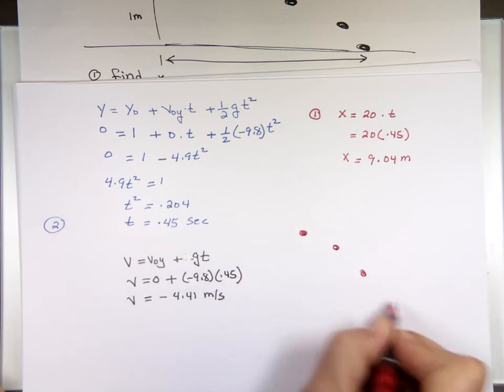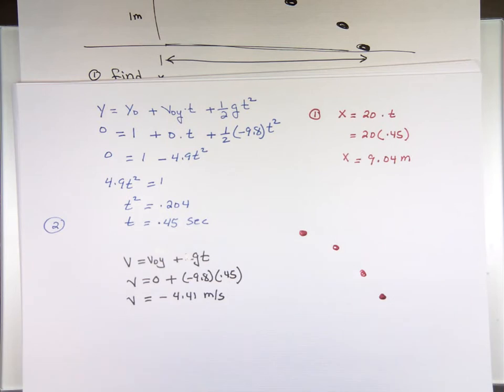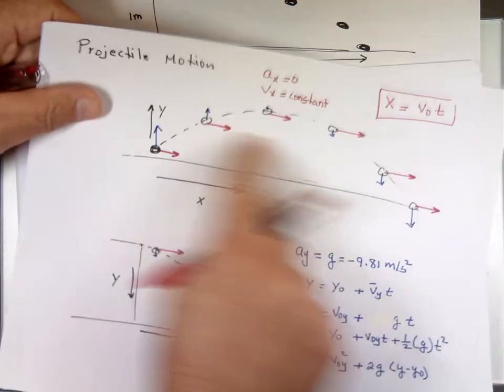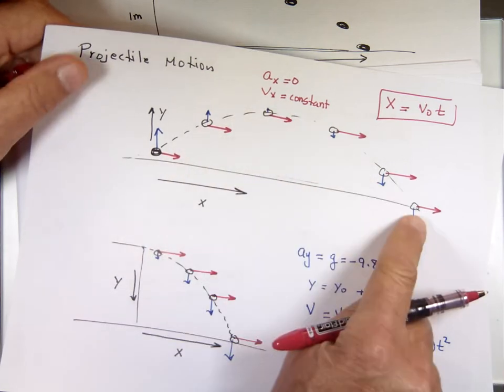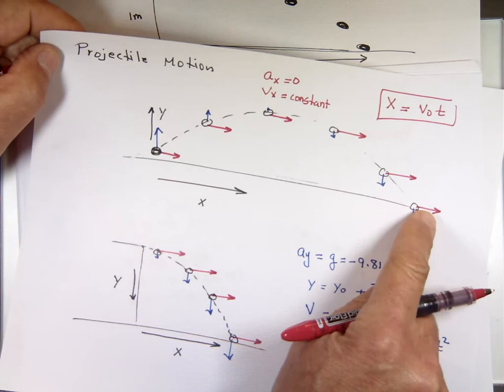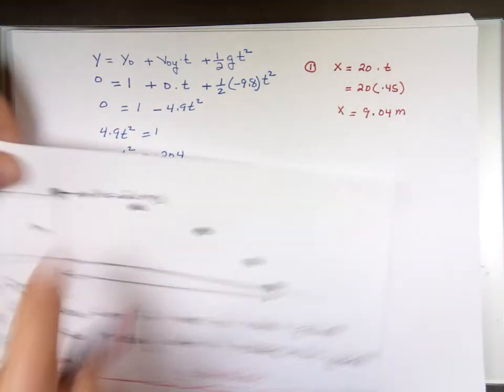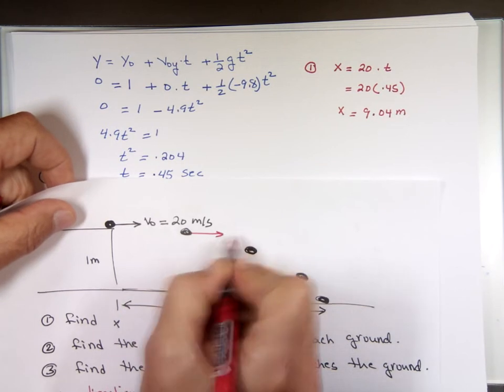Remember what I said about your velocity in the x direction? It's not just positive, it's constant. It never changes. So right before the ball hits the ground, you have a velocity in the x direction of how big? In this case, it's 20, whatever that initial velocity was. That velocity in this direction is always 20. It never changes.